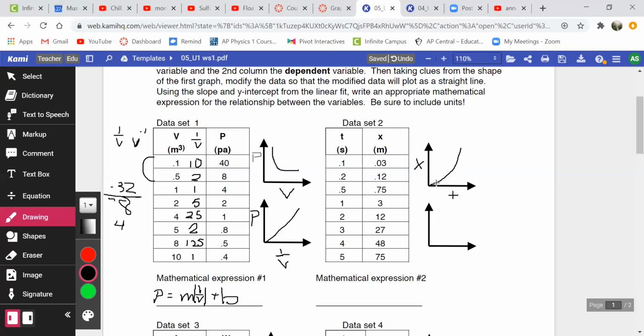That means you're going to have to make these X values down here, or let me specify, your independent variable down here on the X axis, grow faster in order to pull the curve closer to that axis and correct for the pulling that's already showing up toward the Y axis. So that means squaring all the values of T here, which is exactly what they suggest to do in our reading, right?